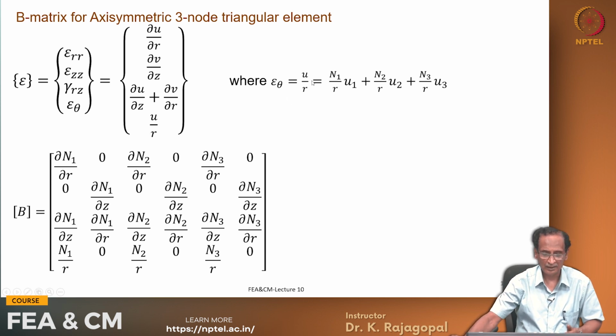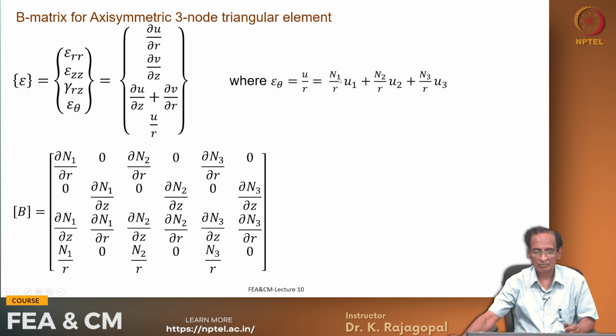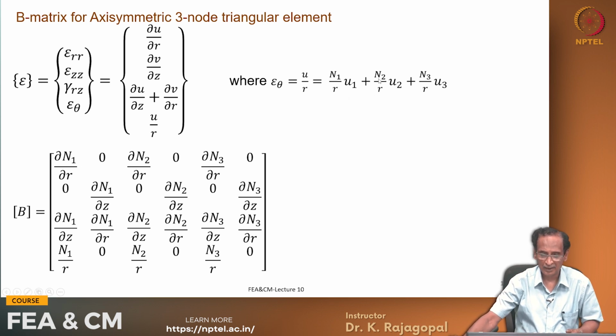Our epsilon theta is radial displacement u divided by the corresponding radial distance r, and that can be written as N1 by r u1 plus N2 by r u2 plus N3 by r u3.